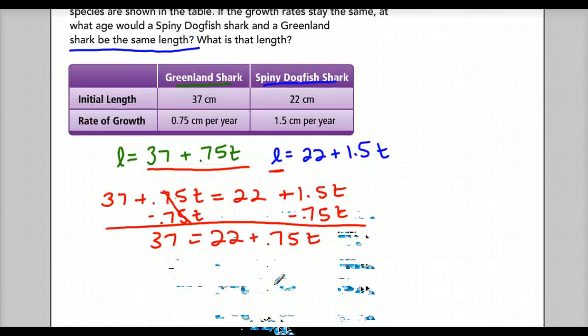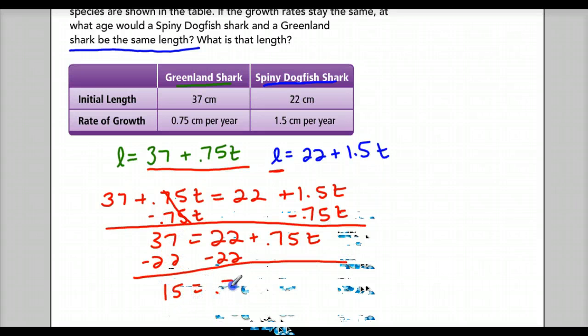Now we subtract 22 from both sides. Don't get thrown off just because it's a decimal. It's the same process. This is now 15 equals 0.75t. And we divide both sides by 0.75. And if we put this in a calculator or did the division really quick, we would get that t equals 20.